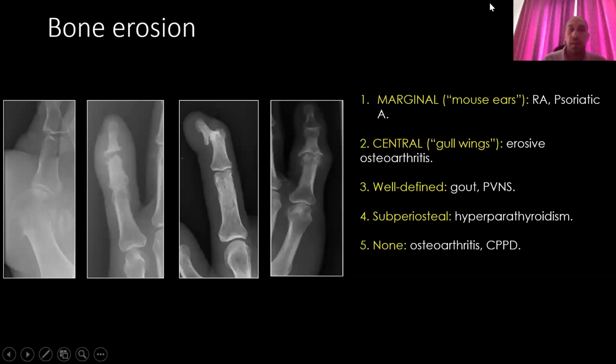So if we speak about the bone erosions, the pattern of bone erosions is very important, because there is a difference between marginal erosions, periarticular erosions, and central erosions.